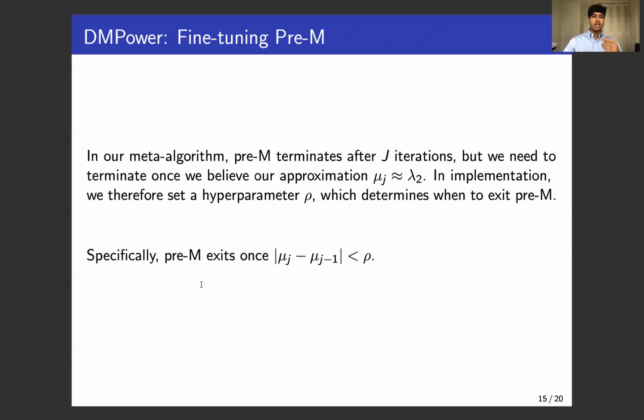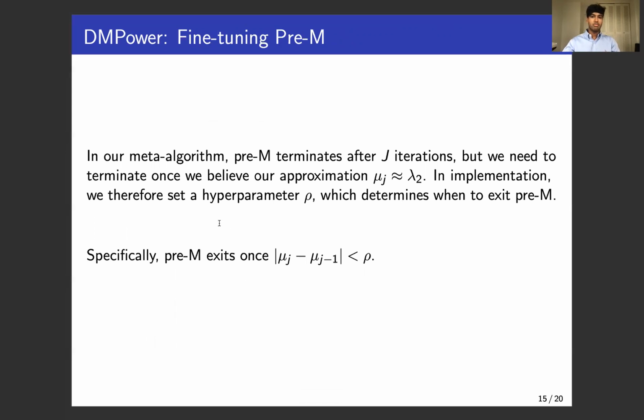So a finer point here is in the meta algorithm that we've just gone over. The pre-M phase terminates after big J iterations, but we don't want to just leave after an arbitrarily selected number of iterations. We would want to exit that phase once we believe that our current mu sub j is close enough to lambda sub 2, right?